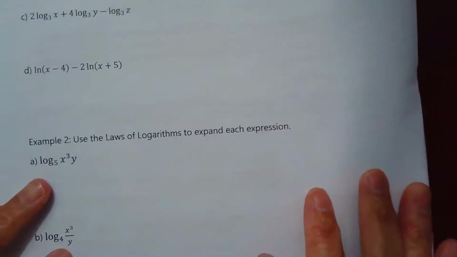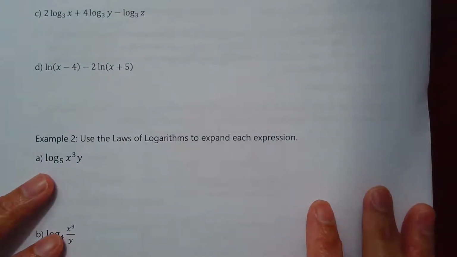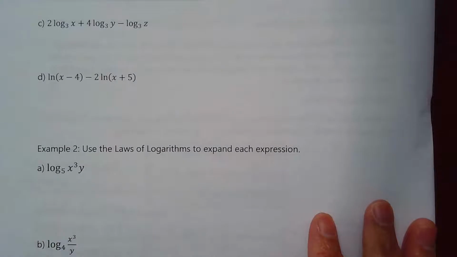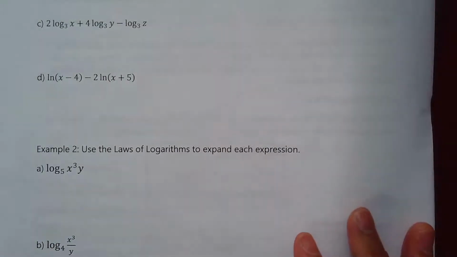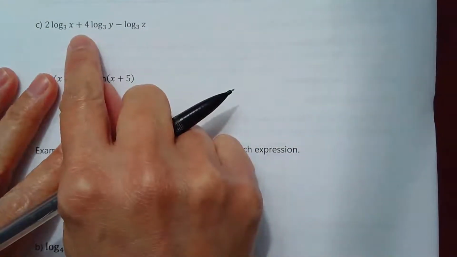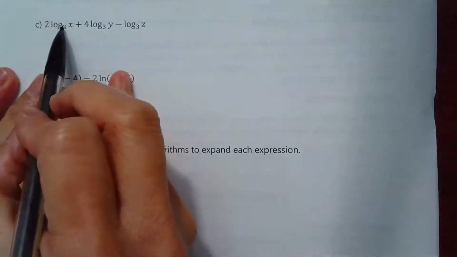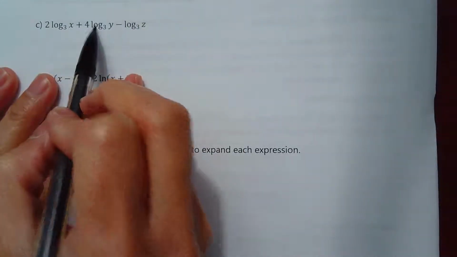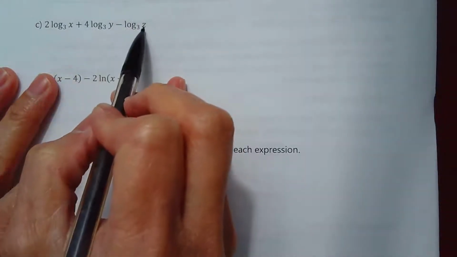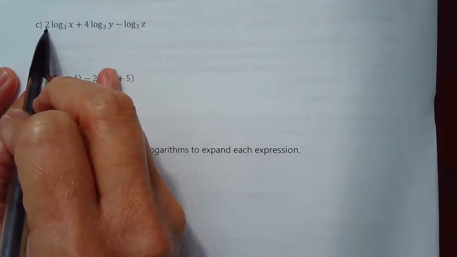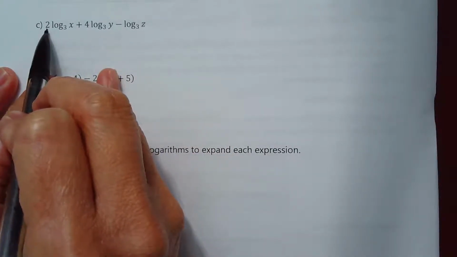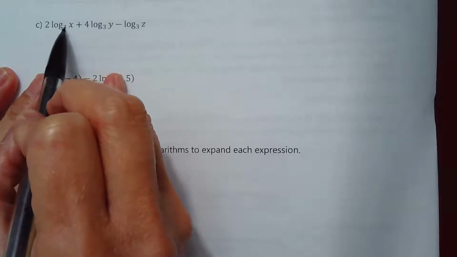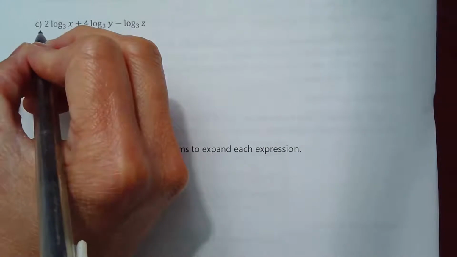Okay, this one is a little bit more complex because it has more going on. We're going to write that as a single logarithm. What's happening in here is that these two got added, and then this one is subtracted, and this part in here, 2 times log of x base 3. I'm actually going to write it down in here.